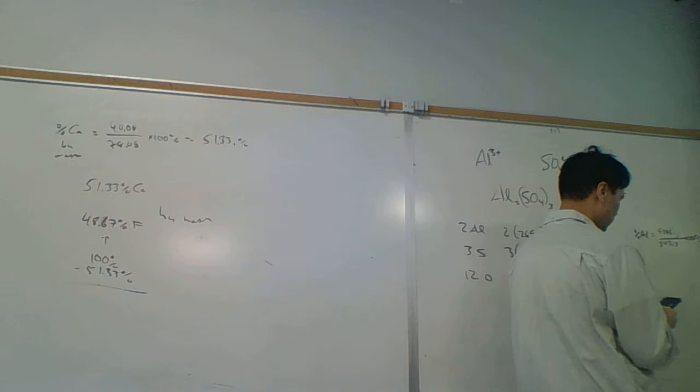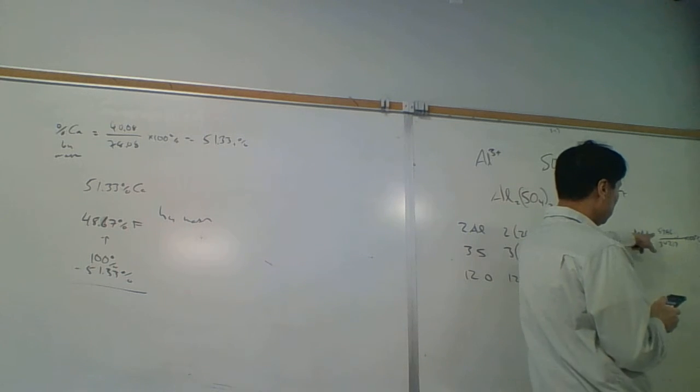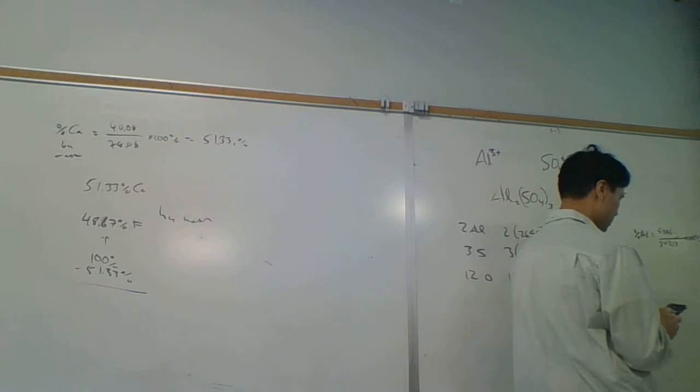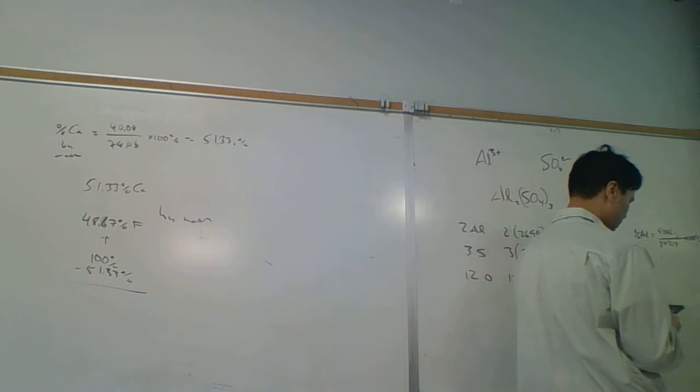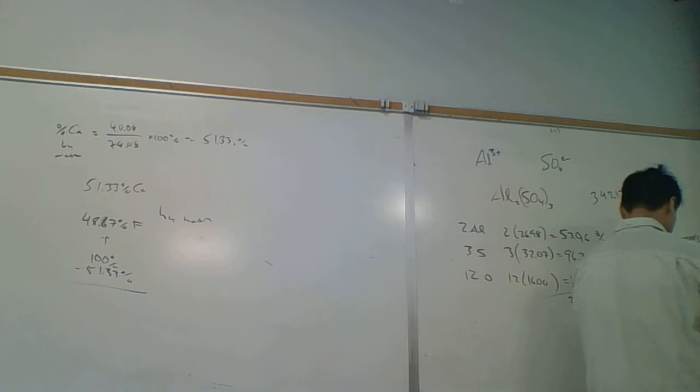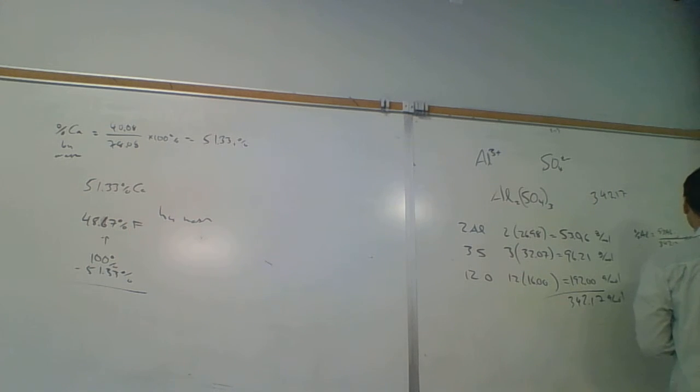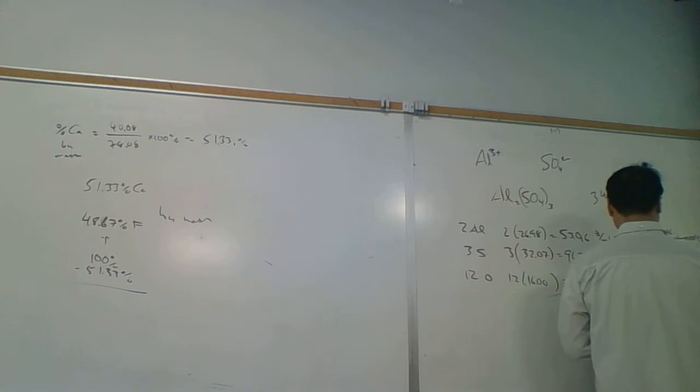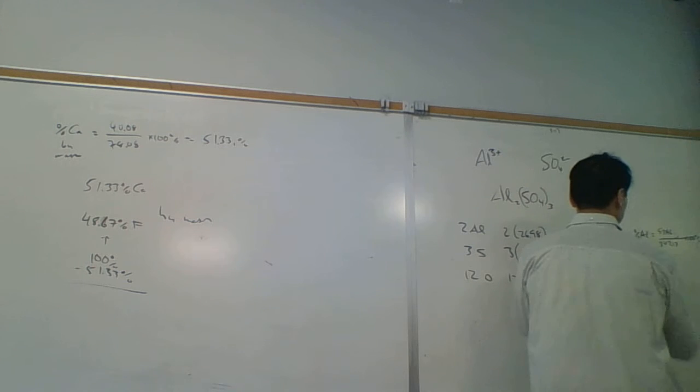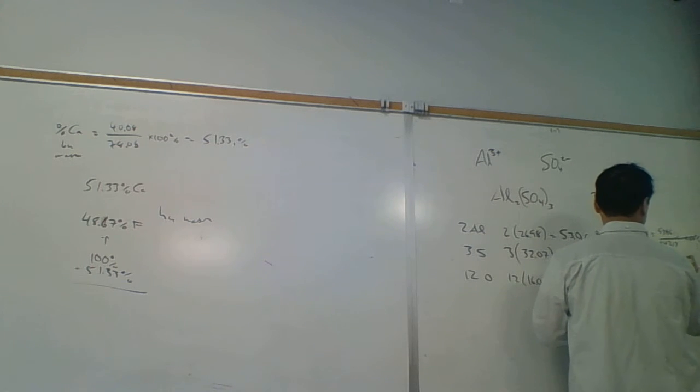It's going to be 53.96, all the aluminum in this, divided by 342.17, which is 15.769. 15.769% aluminum.